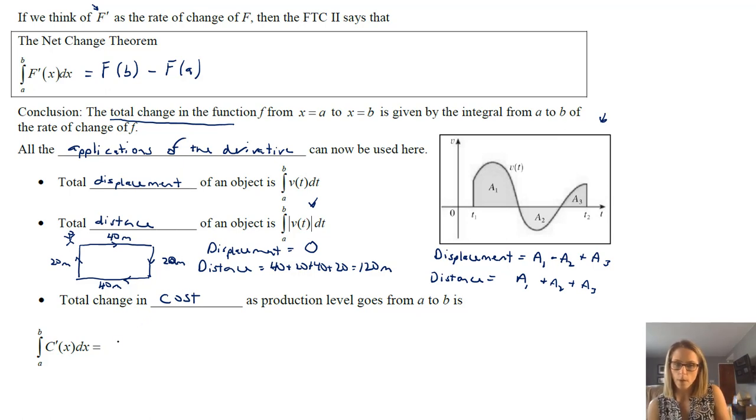I moved it down to the bottom here just for space. So not surprisingly, using what we have above, that's going to be C of B minus C of A, because inside the integral is the derivative of C, marginal cost. So when you take the antiderivative of the derivative, you can see that we're getting just C.